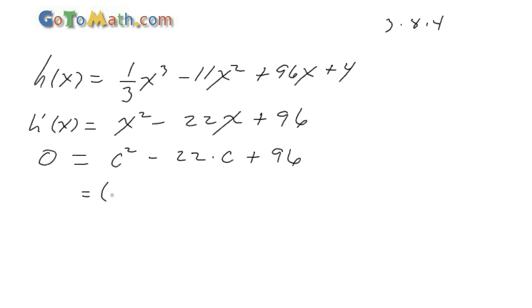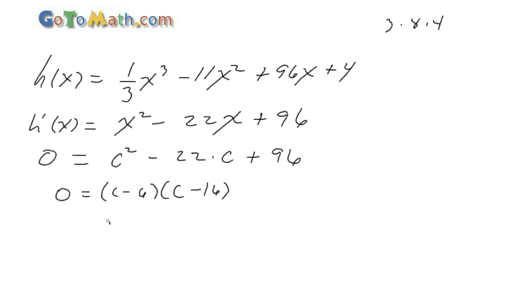This is not exactly easy. It takes a little practice. (c minus 6)(c minus 16). Alright, factored up. 6 times 16 is 96, and when you add these you get negative 22.